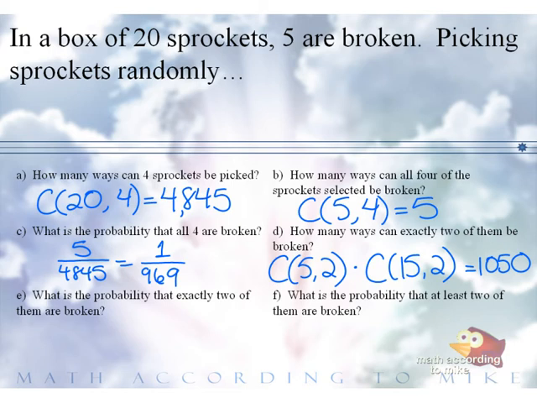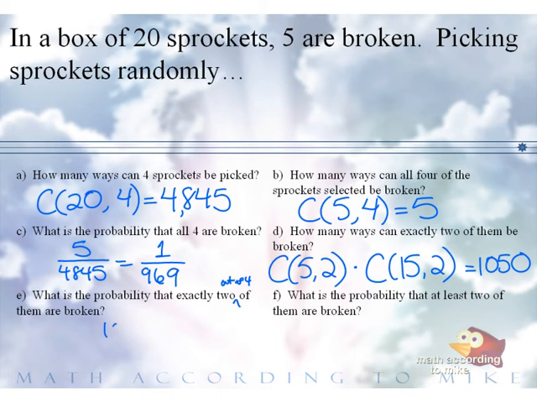What is the probability that exactly 2 out of the 4 picked are broken?